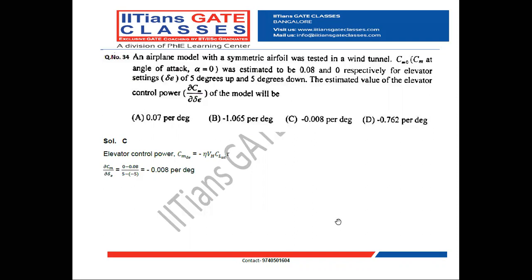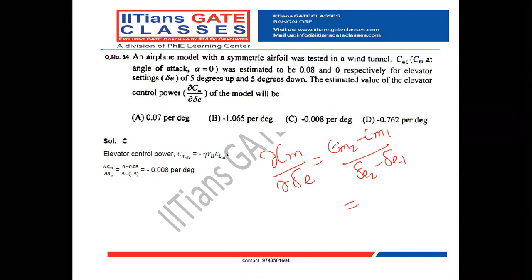Okay, what is the elevator control power? Elevator control power is dCm by d delta. So dCm by d delta is nothing but Cm2 minus Cm1 divided by delta2 minus delta1. The pitching moment coefficient at zero angle of attack for elevator setting of 5 degree up is 0.08, and 5 degree down is 0.